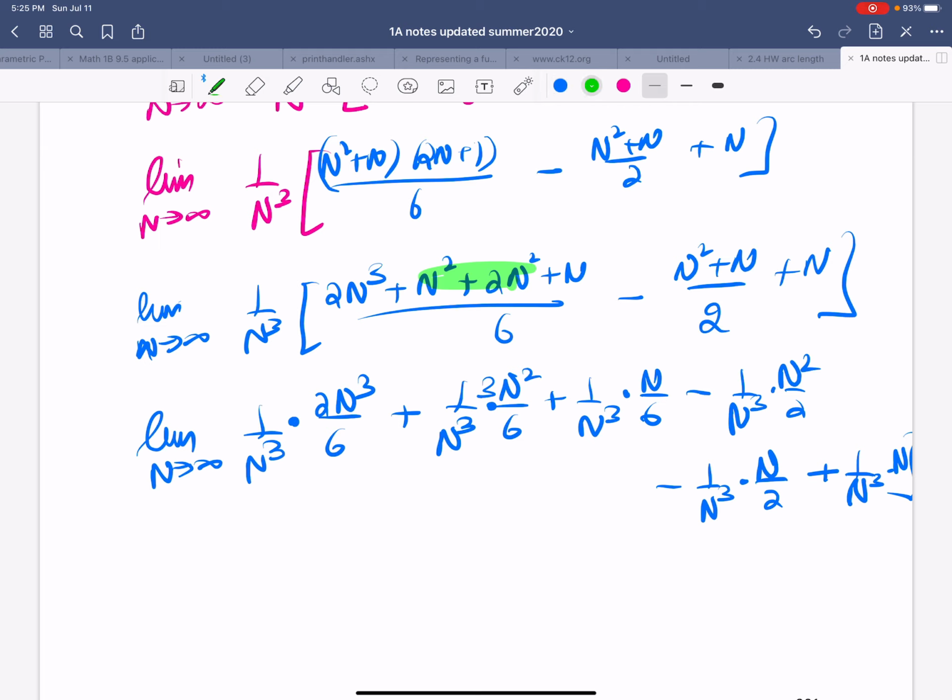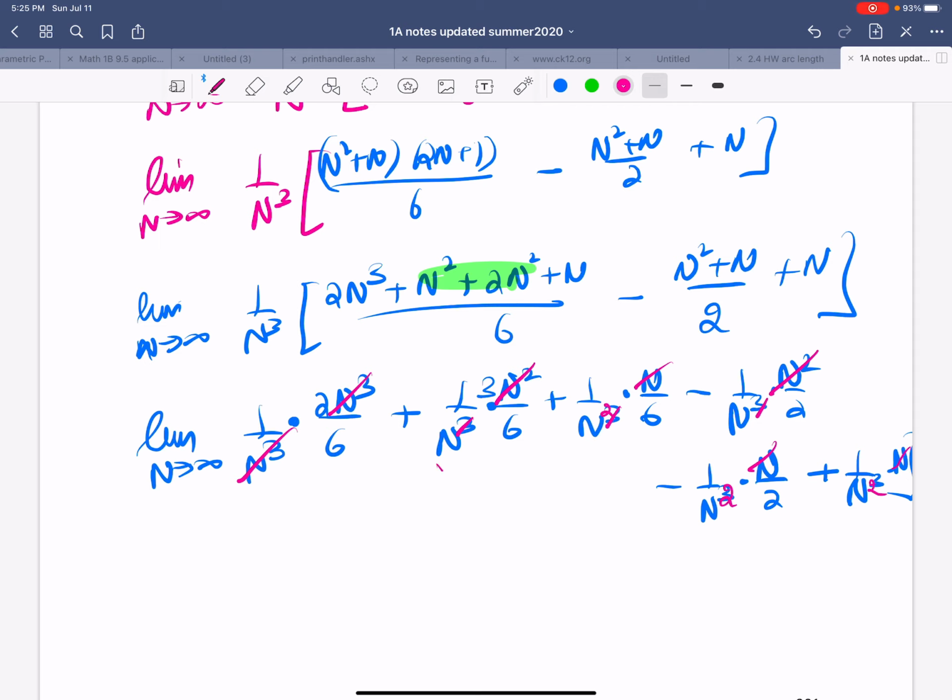Now go ahead and cancel everything we can and see where it takes us. Canceling with n to the third leaves an n squared in the denominator, an n in the denominator, and so on.